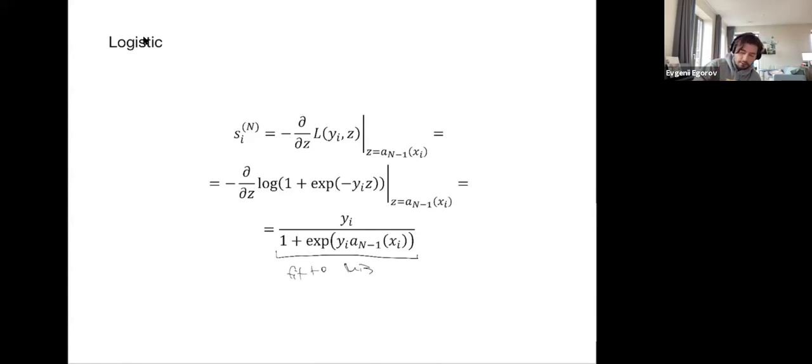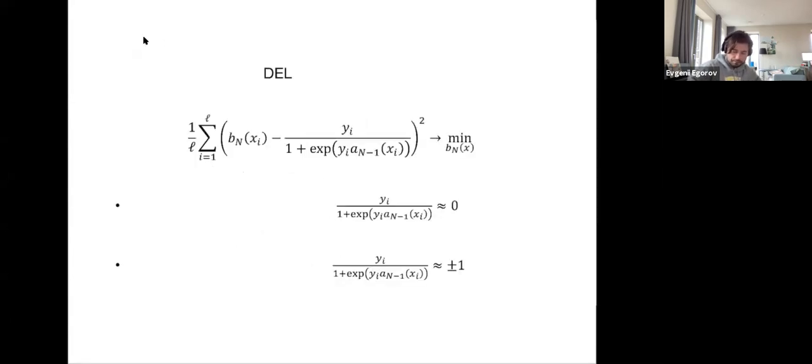Let's take a look: here in the numerator we will have -1 or 1. And here, what can we have? This is -1 or 1. This is also -1 or 1.